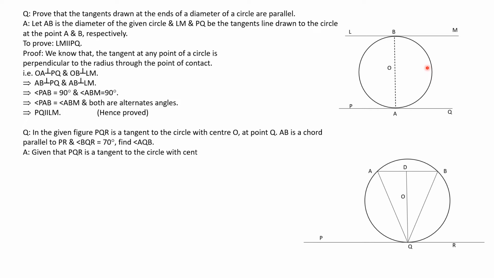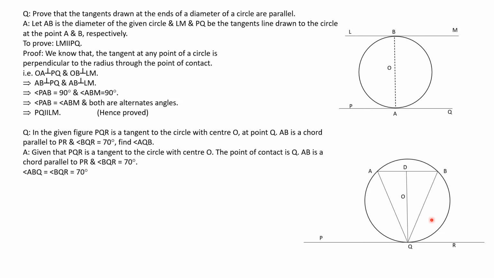Given that PQR is a tangent to the circle with center O, the point of contact is Q. AB is a chord parallel to PR and angle BQR equals 70 degrees. It is already given. Q is the point of contact, with the center of the circle O.